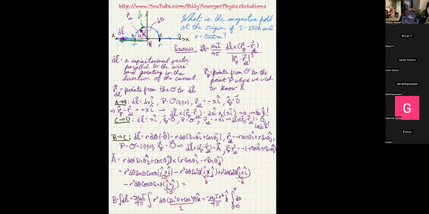Okay. So I think you can see that the integral of d theta from 0 to pi is just pi. So we're ultimately going to get negative mu 0 I r squared over 4 k hat. And that's the whole answer.